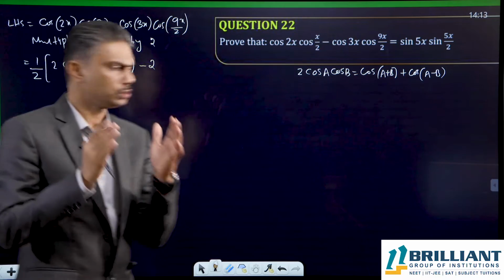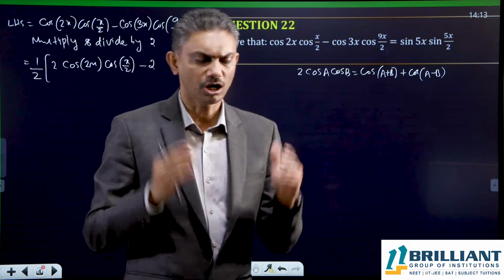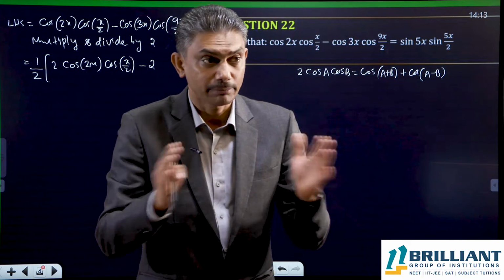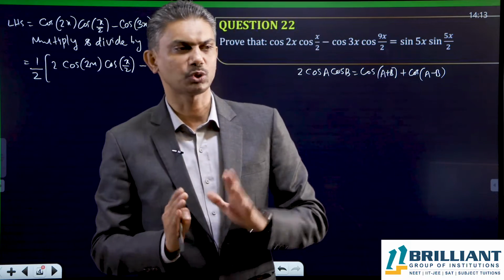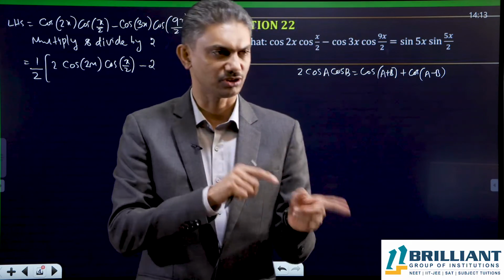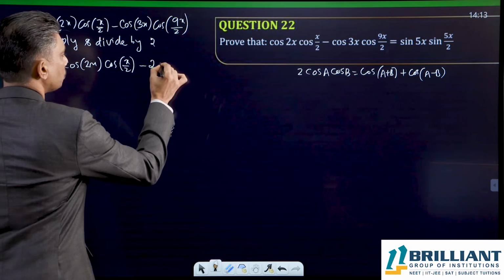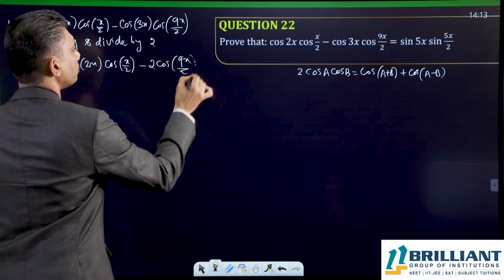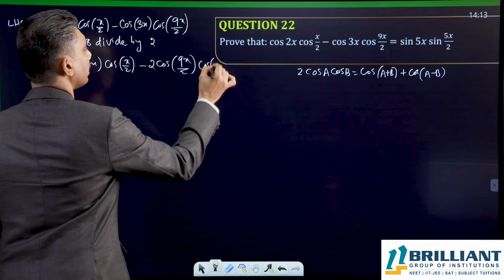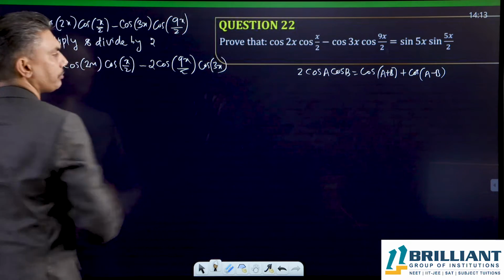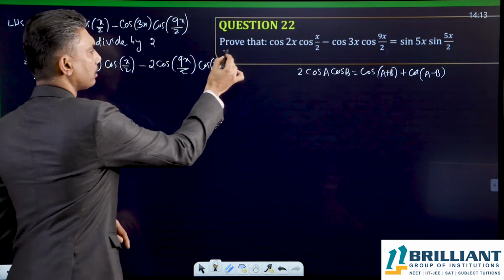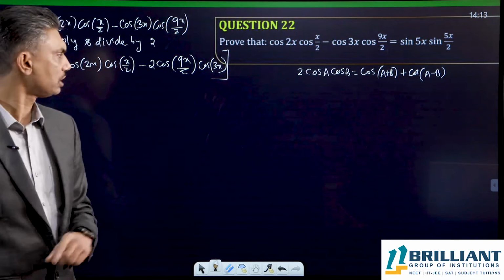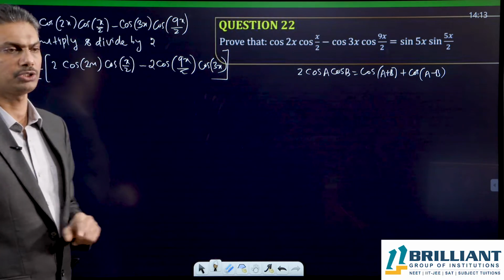And whenever you do these formulas, always make sure that the biggest angle is written first, so that you can avoid one step of cos minus theta. So, this is the multiply and divide by 2.